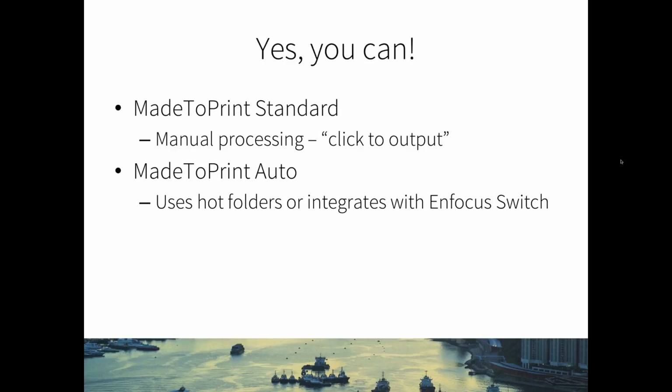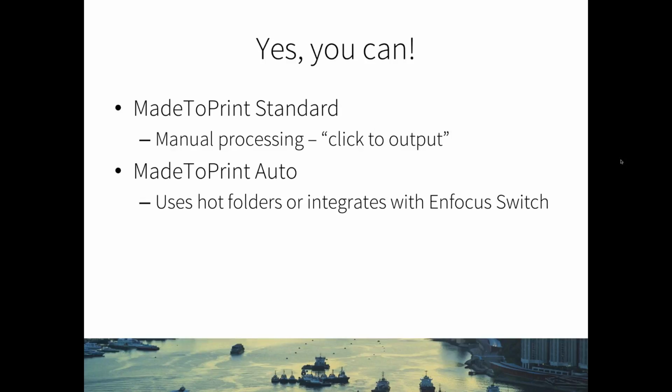Someone needs to open a QuarkXPress document in QuarkXPress, and then needs to open up this MadeToPrint panel and say print, and then that is output using the output settings or the output set that was created in MadeToPrint. But it's always a manual process.